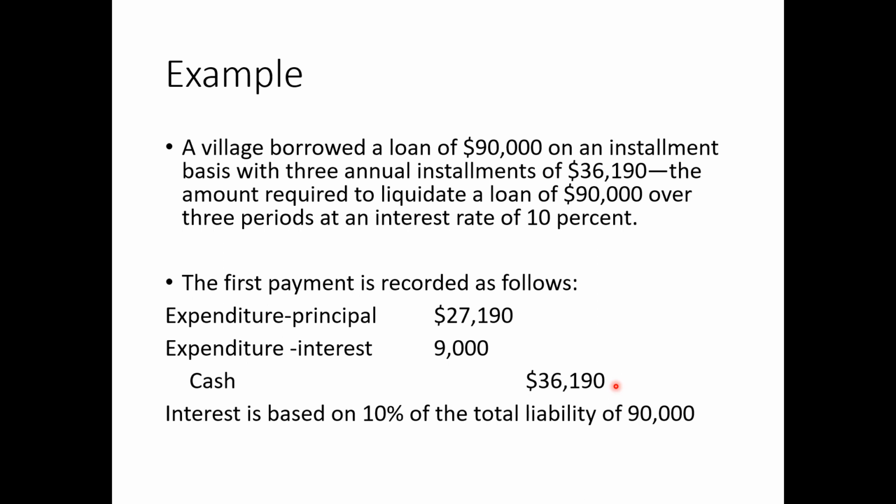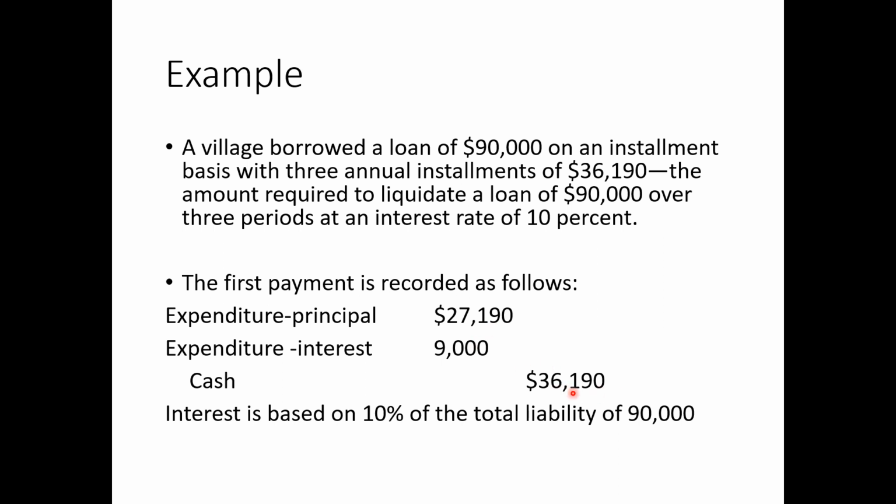Okay, and the amount of interest is based on the outstanding loan amount, the present value, and the 10% interest. Okay, so we debit expenditure interest $9,000, and the difference between these two will be the expenditure principal.